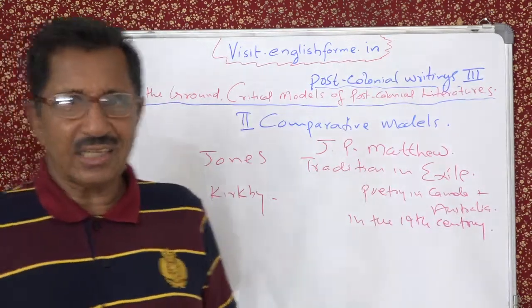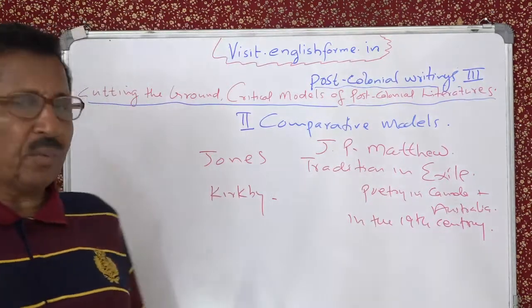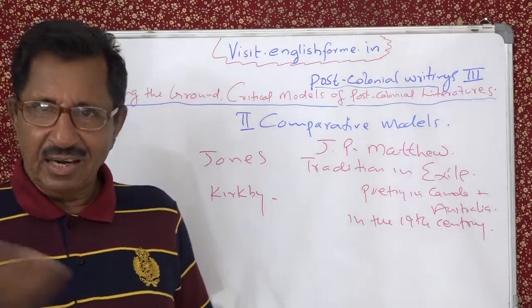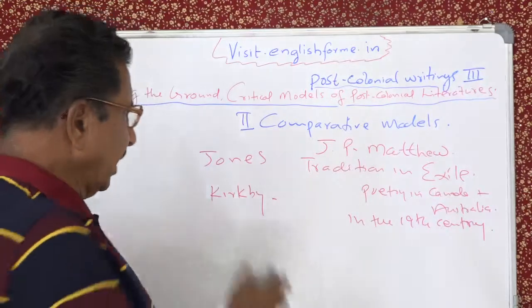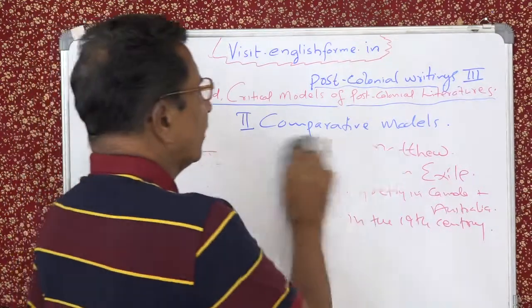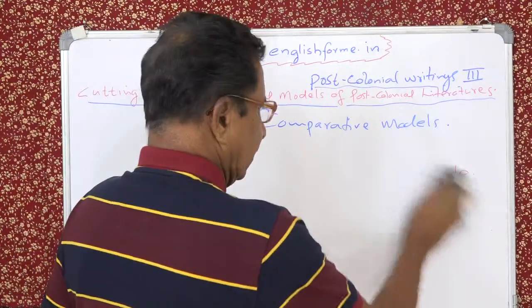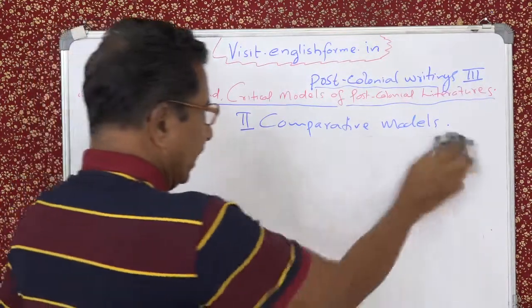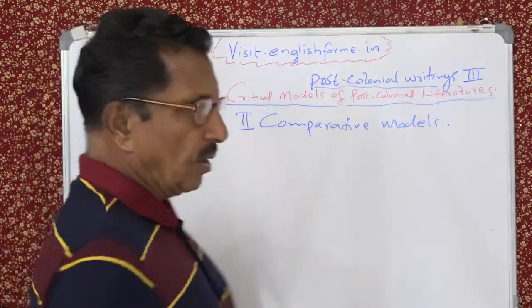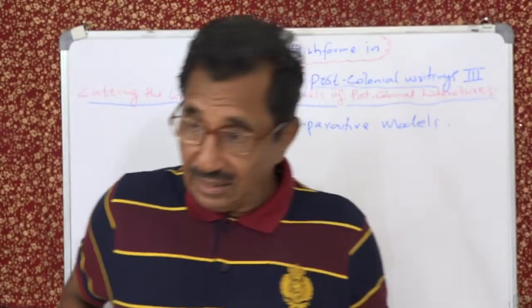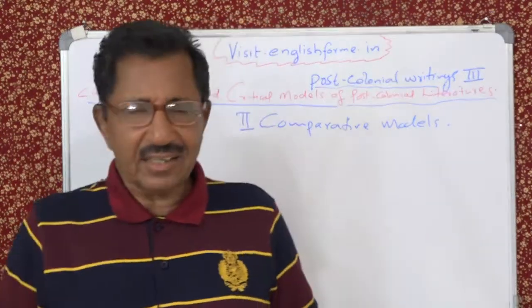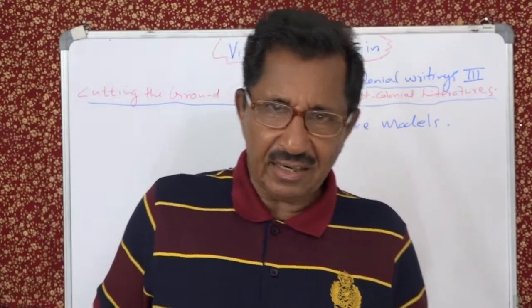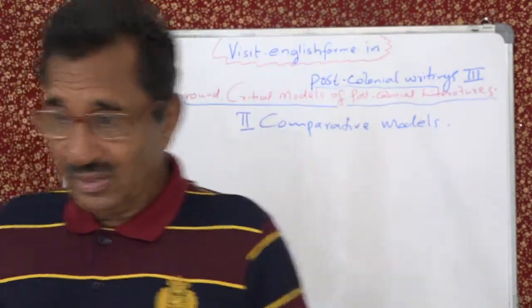Also, there are other studies, one by John, a literary and political comparison, and also by KB, emphasizing the influence of American literature on Australian literature rather than English literature. Understand?